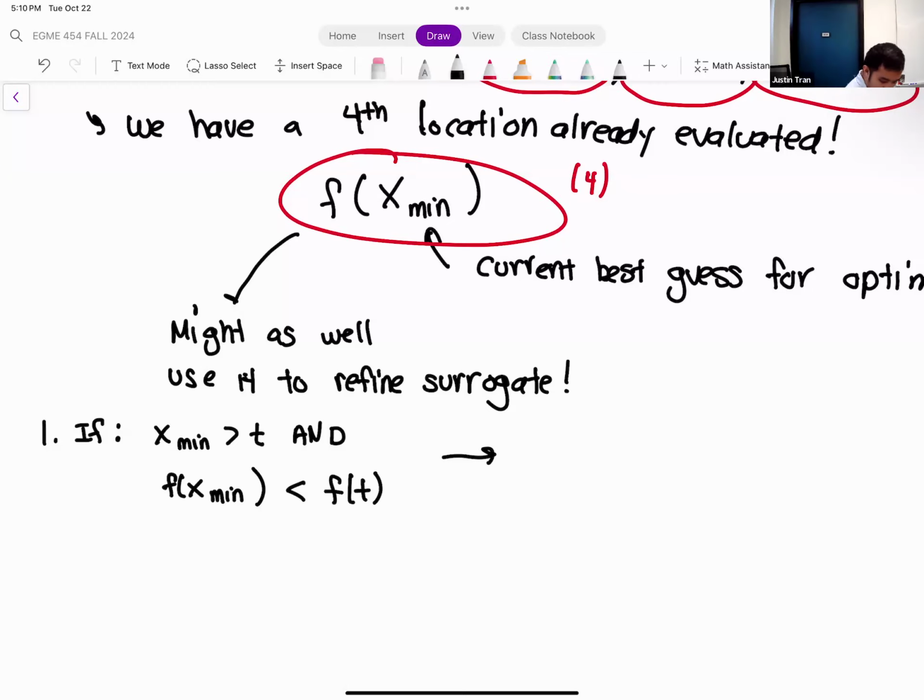then in this case, what we do is we kick out location 1. And so our three locations where we're going to evaluate our surrogate are x is equal to t, x is equal to x min, and x is equal to 2t.